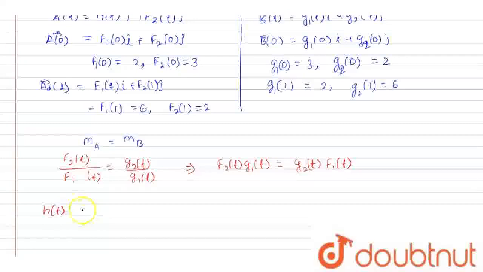This can be written as h(t) equals f2(t) g1(t) minus g2(t) f1(t).